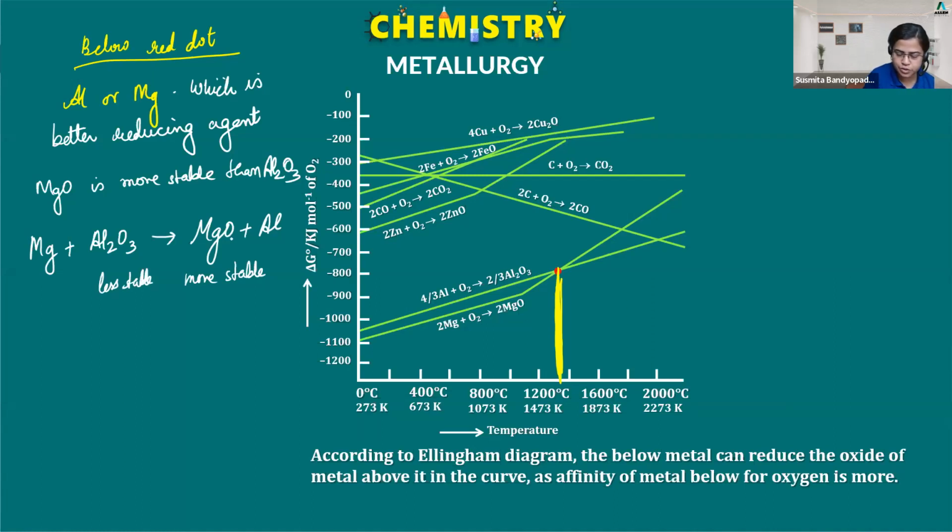Hence, if MgO is more stable, it has to be formed by the reaction of Mg with Al2O3. So Mg is the better reducing agent below the red dot, because MgO is more stable than Al2O3. Above the transition temperature, in little more decent terms.